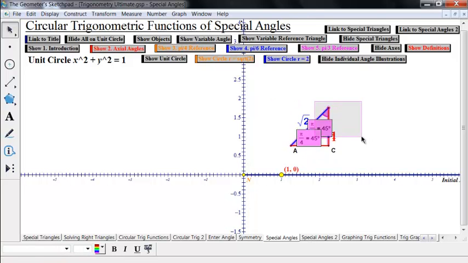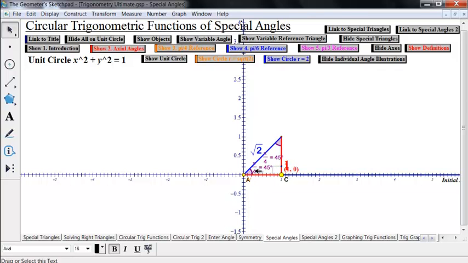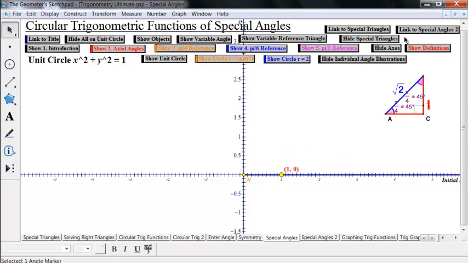We want to make this our reference triangle, and so we may have to rotate it, reflect it, or move it around a little bit, but we always want one vertex at the origin and the right angle on the x-axis, not at the origin but somewhere else. So this will be our reference triangle, and when we do this, our reference angle will be pi over 4.